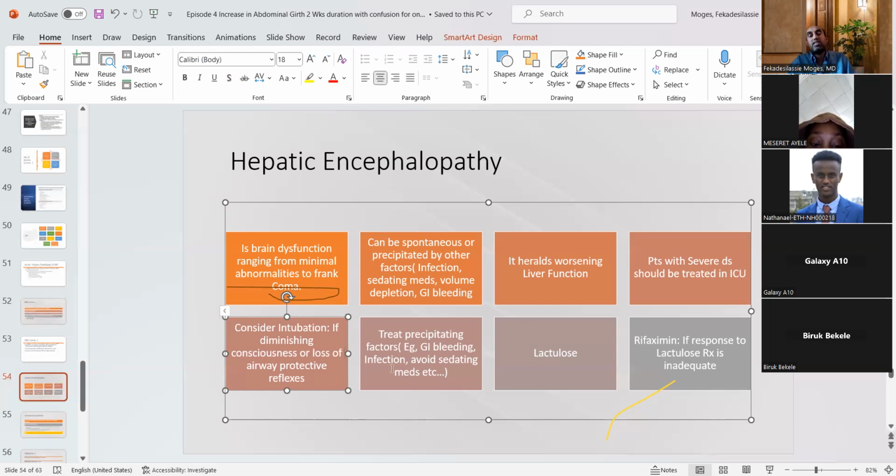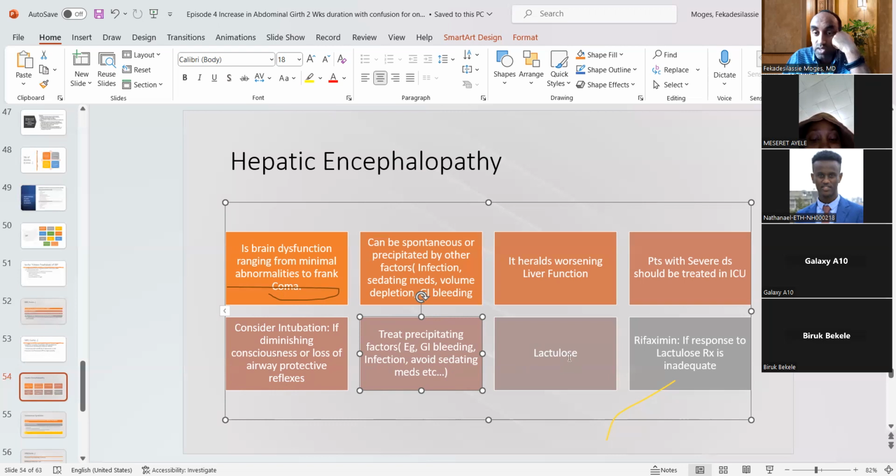Airway protective reflexes, if the gag reflex is depressed, and if you think the patient cannot protect the airway, you have to consider intubation. Treat precipitating factors. If it is GI bleeding, address that. If a patient has portal hypertension with esophageal varices and active bleeding, you have to do band ligation and all that. Infection, treat the infection, avoid sedating medications as much as possible.